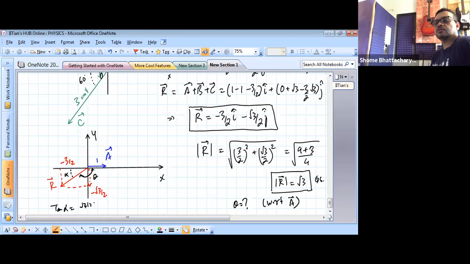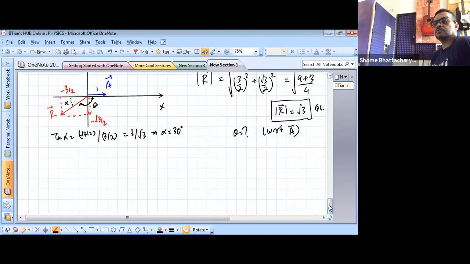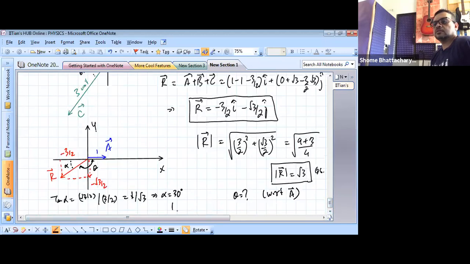So root 3 by 2 divided by 3 by 2, or 1 by root 3. Okay. That means alpha is equal to 30 degrees. So theta will become how much? It will become 180 minus 30. Theta will become 150 degrees with respect to the vector E. Okay. So this is question 7 answer.